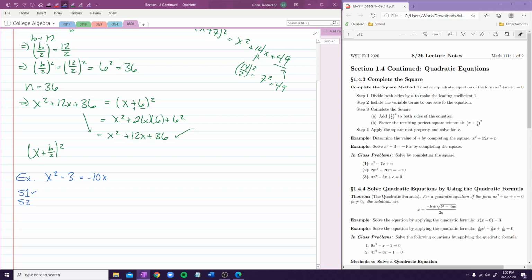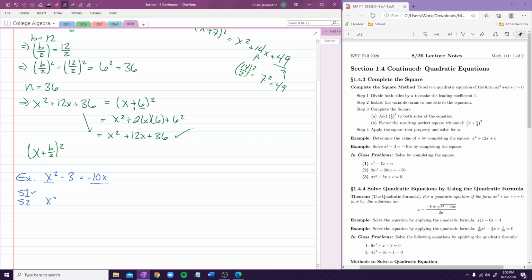Step 2, we want to isolate the variable terms to one side of the equation. This is a quadratic equation in terms of x, so we want to isolate x squared and the negative 10x. Some of you might want to subtract the x squared over. I'm actually going to add 10x and then add the 3 to both sides because I want the leading coefficient to be positive.